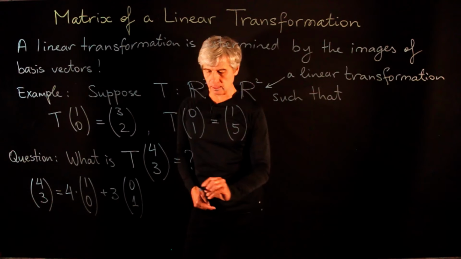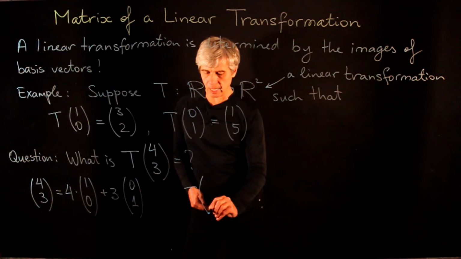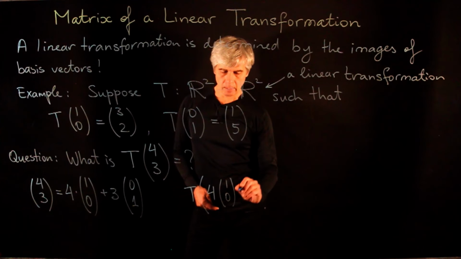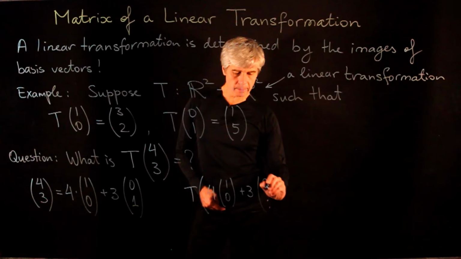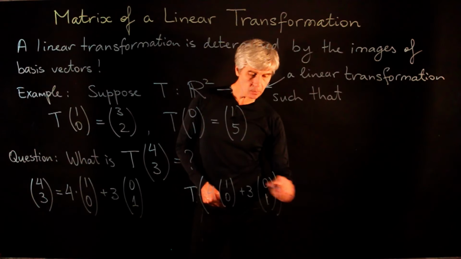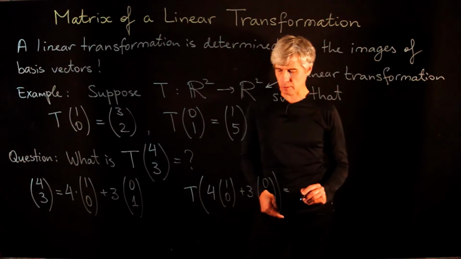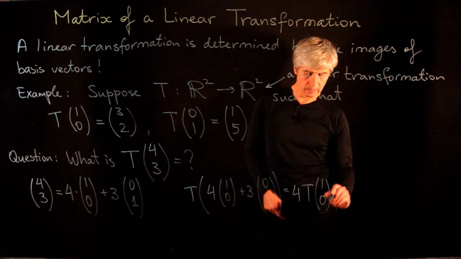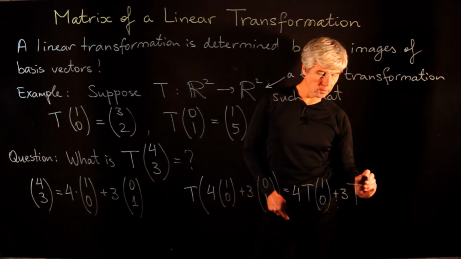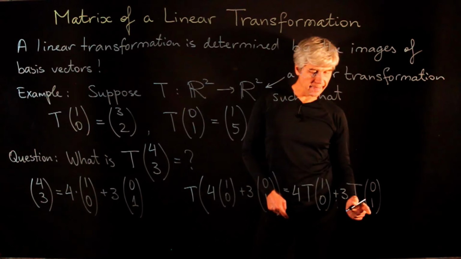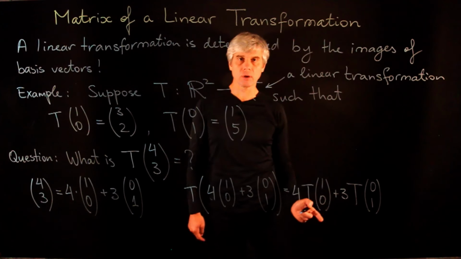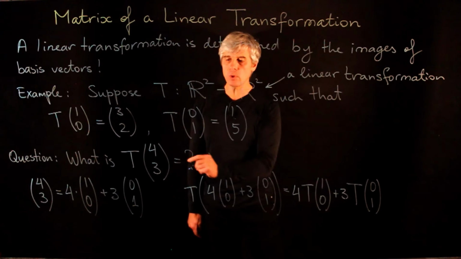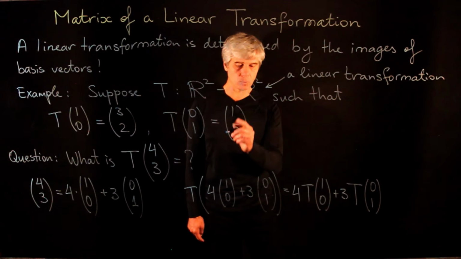So T applied to 4 times (1, 0) plus 3 times (0, 1) is equal, by the properties of linear transformation, to 4 times T of (1, 0) plus 3 times T of (0, 1). And these values, the images of basis vectors, are given to us. So we know that (1, 0) is transformed into (3, 2), and (0, 1) is transformed into (1, 5).